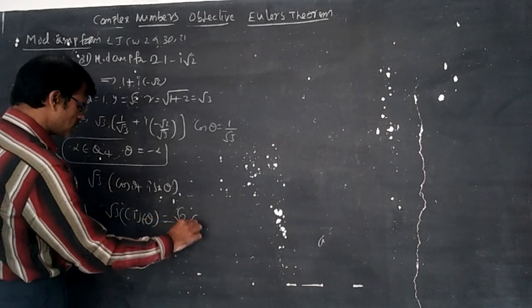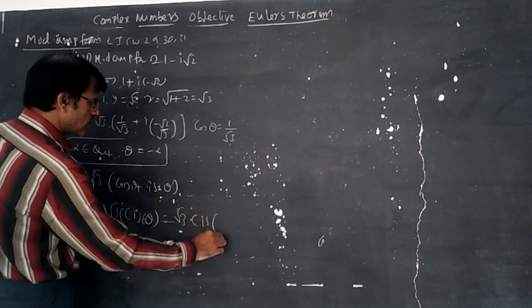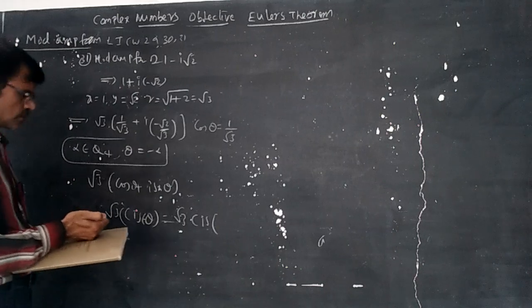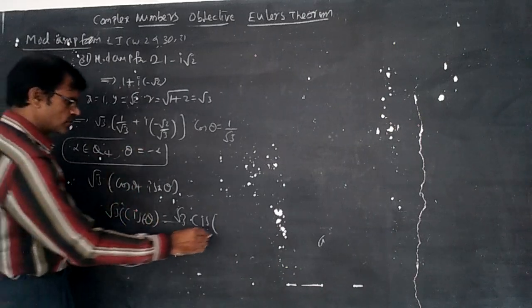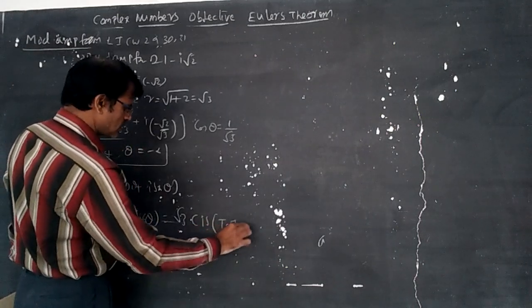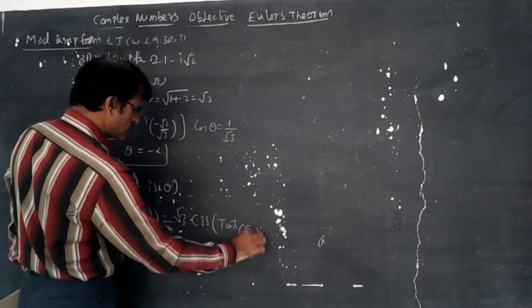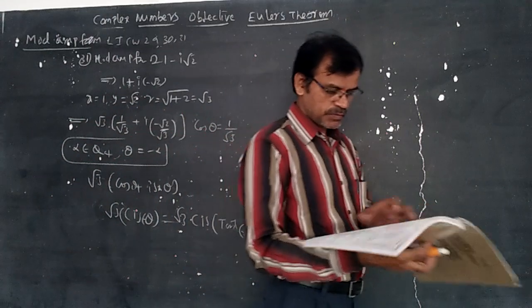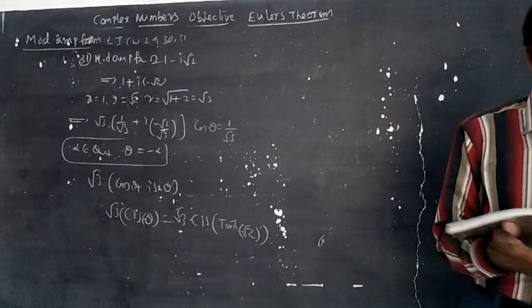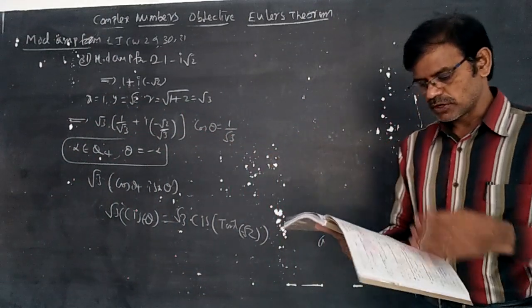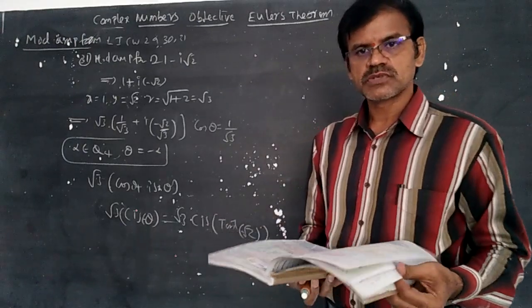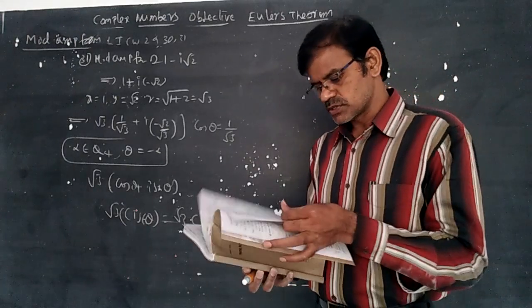So root 3 into cis of minus theta, where tan theta is sin theta by cos theta, becomes root 2 by root 3 divided by 1 by root 3, so it is tan inverse of minus root 2. Third option for the 31st question. Okay students, Euler's forms and mod amp form we have discussed today.